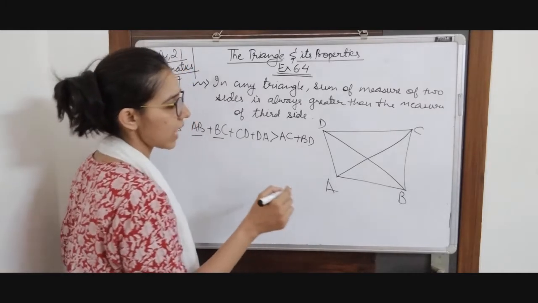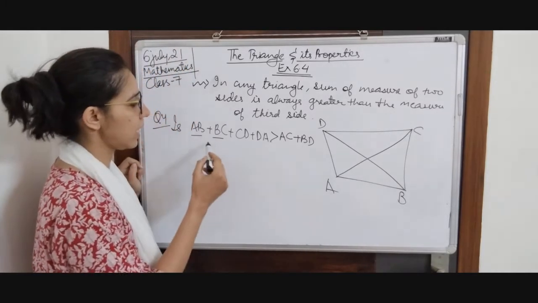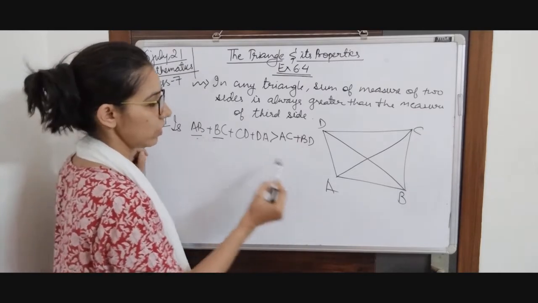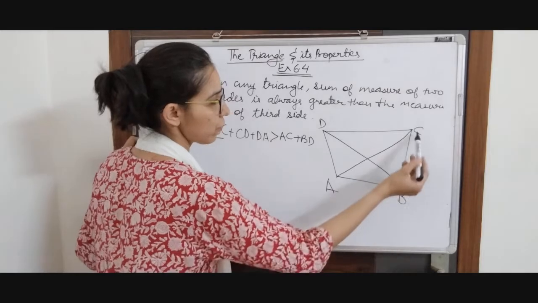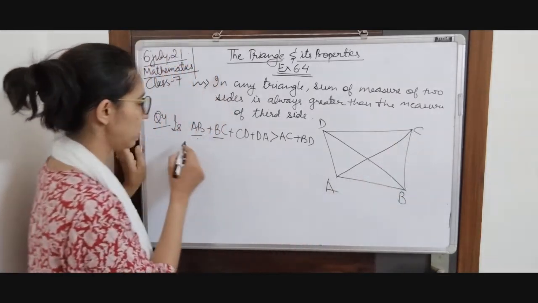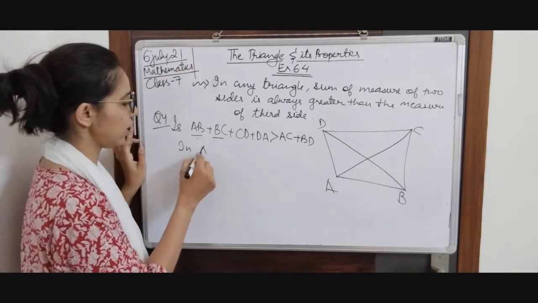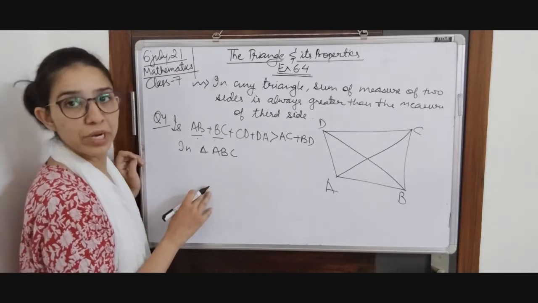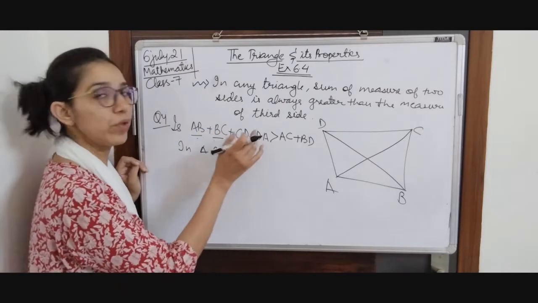So what triangles I have to make? I have to take such that I am able to take AB and BC. So AB and BC, if I want to take these two sides, it means I have to consider ABC triangle. So I will take in triangle ABC. I have to pick triangles by taking hint from the question itself.